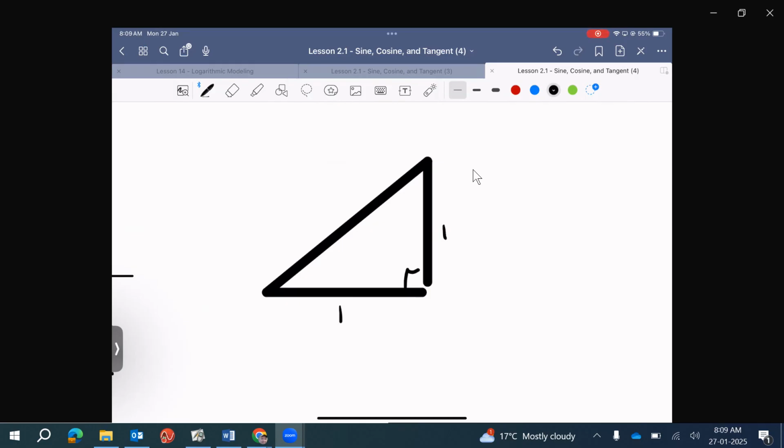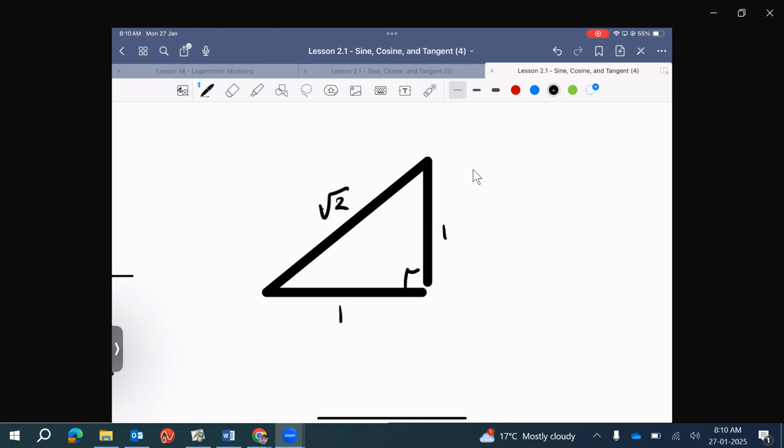And what is that formula? Can anyone here square 1 without using their calculator? Can you add it to another one? And then can you square root that? And what is that? 1.72. So this one is root 2.